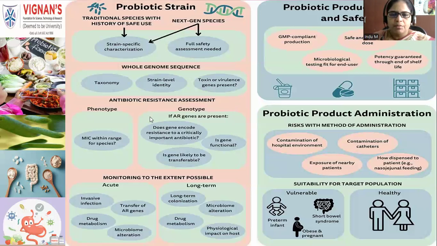Not only this, when you are considering the safety aspects of probiotic organisms, antibiotic resistance assessment is very, very important. Generally, at the phenotype level, you evaluate whether the organism is producing any antimicrobial compounds or not, and whether the MIC, the minimum inhibitory concentration, is within the range for that particular species or not.